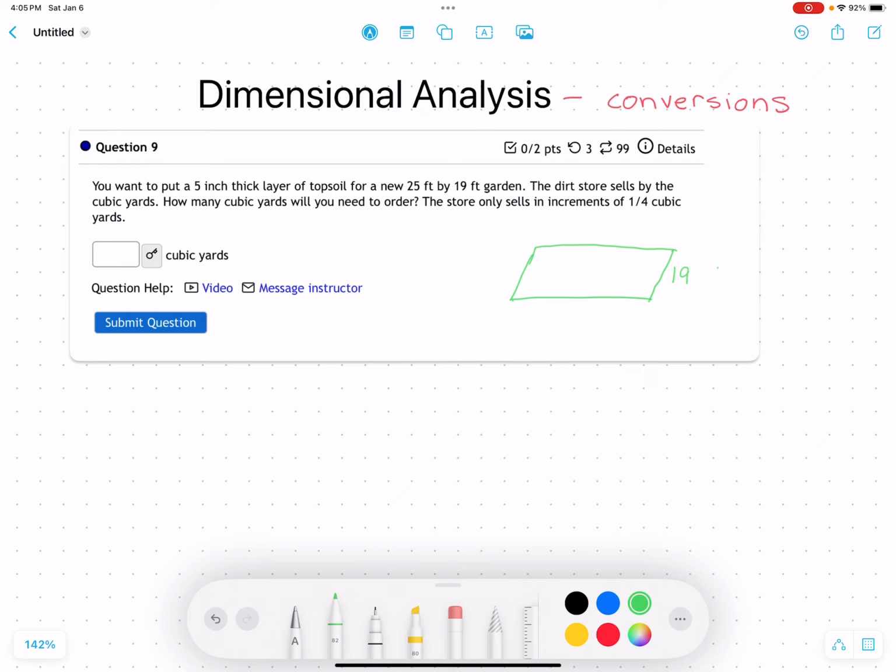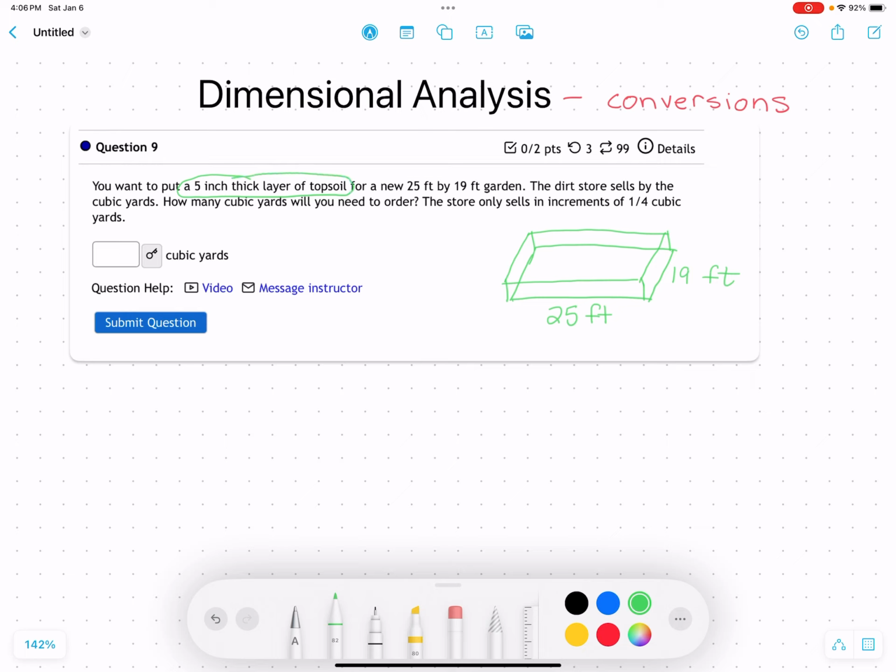So we've got a garden 19 feet by 25 feet, and we're going to top it with some soil. What we need to know is how much soil we are going to need. This is a good application problem. We're going to put a 5-inch thick layer on top.